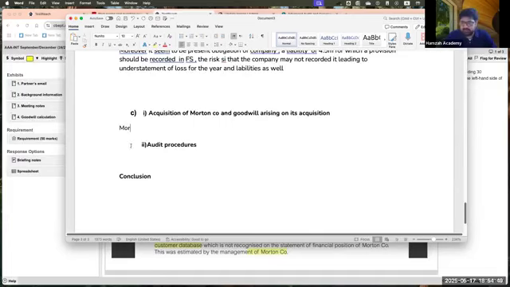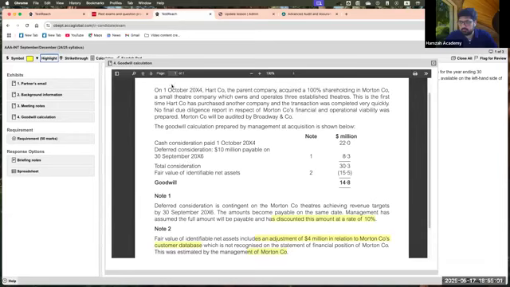So Morton Company was acquired on 1st October.